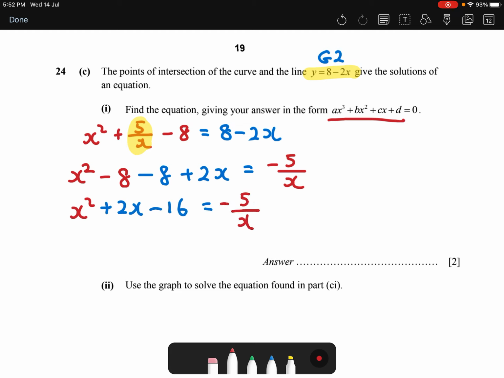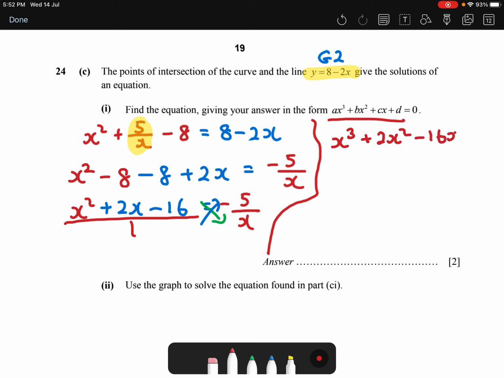Of course, then you want to get rid of the fraction, right? You do your cross multiplication. So do this and do this. So x cubed plus 2x squared minus 16x equal to minus 5.